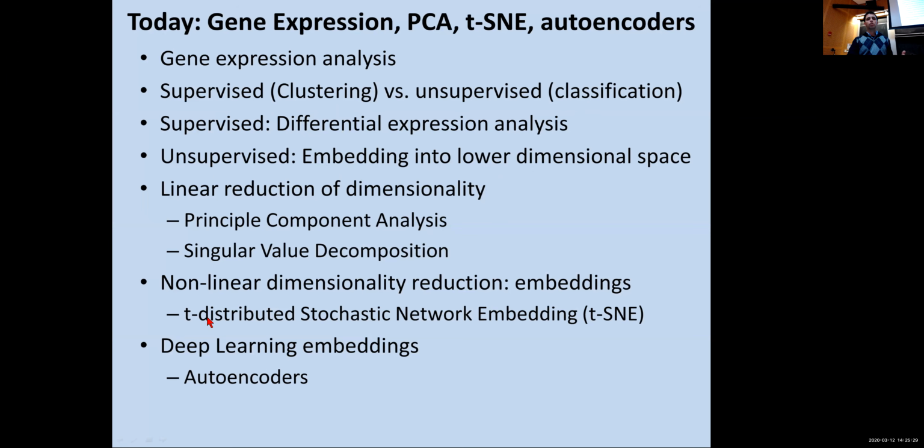And then we looked at nonlinear embeddings using t-distributed stochastic neighbor embedding, locally tuning that distance and then spreading points apart while maintaining the local similarity function. And we looked at how we can do that with deep learning, by clamping down the complexity of the model through these intermediate layers with very few nodes.